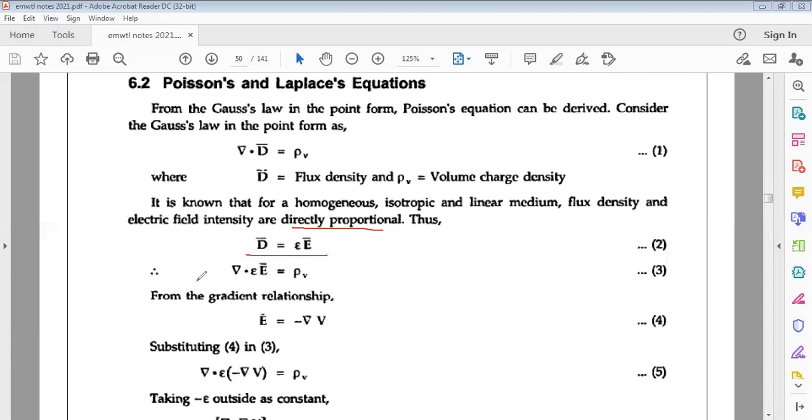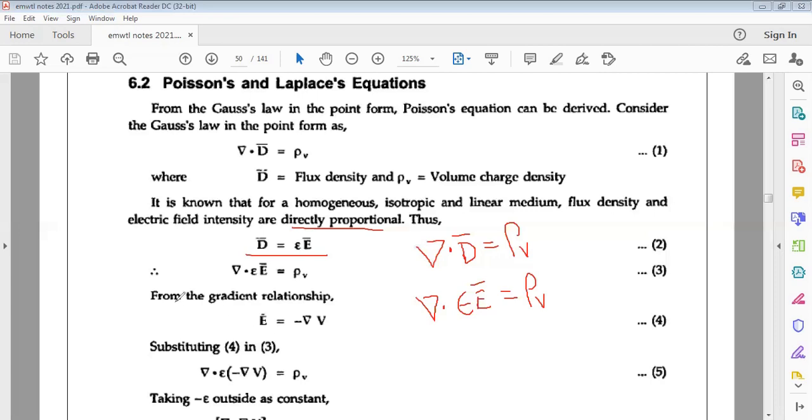Now we know del dot D bar is equal to rho v. This is a Maxwell's equation. What is the relation between electric field and electric flux density? D bar is equal to epsilon into E bar. Now I am substituting here for D bar as epsilon into E bar: del dot epsilon E bar is equal to rho v.